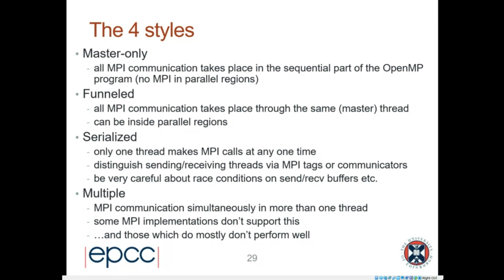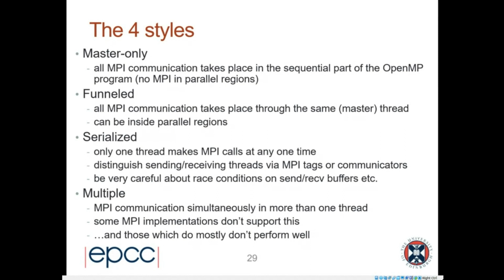How do you make sure that the correct thread picks up the message? Well, there are various ways of doing it, but the obvious way is to use tags. You tag the message with the thread ID of the thread you want it to go to. So you do need to do some work here.